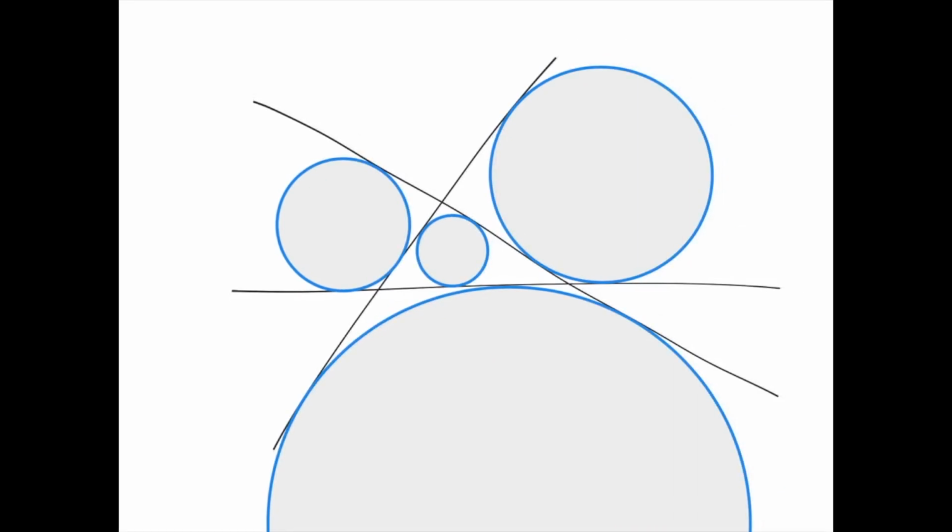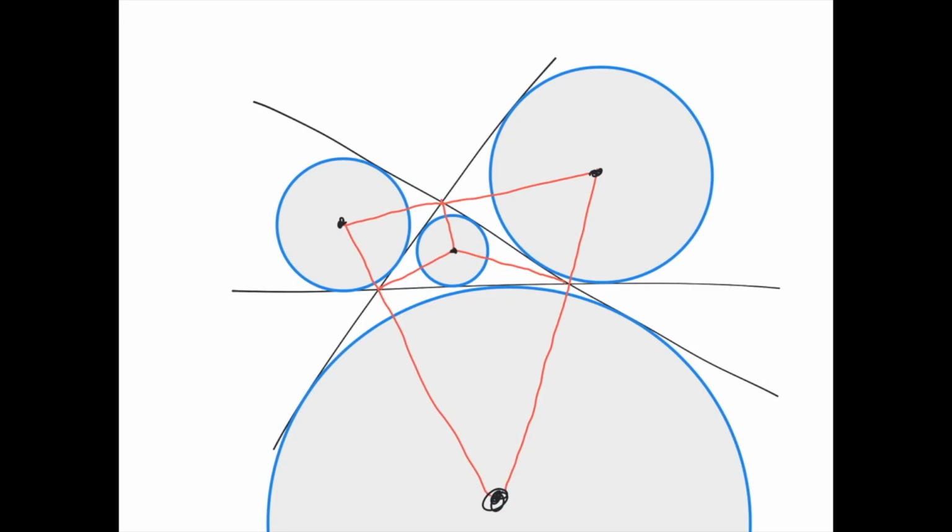Here is a picture of the incircle and the 3 excircles of a triangle. This is the triangle. So the 3 internal bisectors intersect at the center of the incircle, or the incenter. And then if we take the external bisectors, they're going to intersect at the centers of the excircles, or the excenters. So this is an excenter, this is an excenter, and somewhere in here is the third excenter.